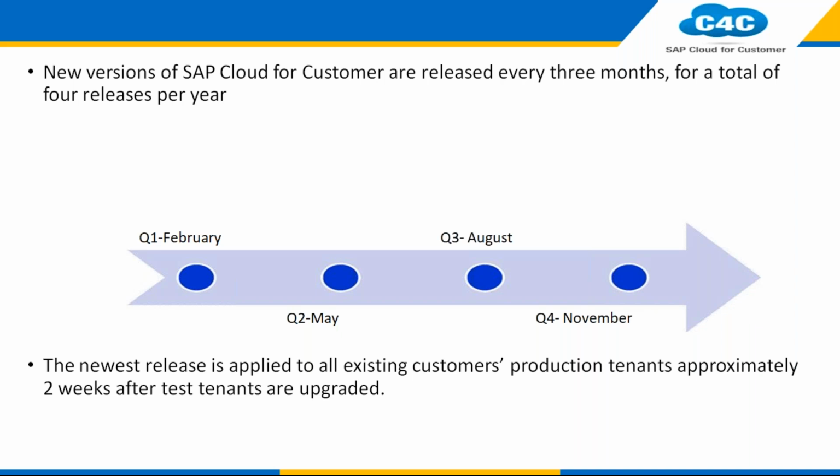CPQ can also be integrated with S4HANA and ECC, which is not standard, through a CPI or some other CPS tool, which is another integration tool, and that can be taken care of within that system. So C4C is independent of other applications. But if other applications want to get integrated with C4C, that can also be done.